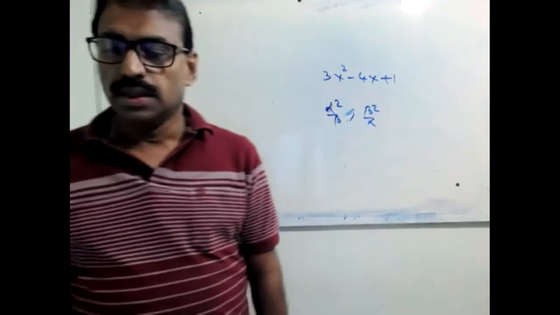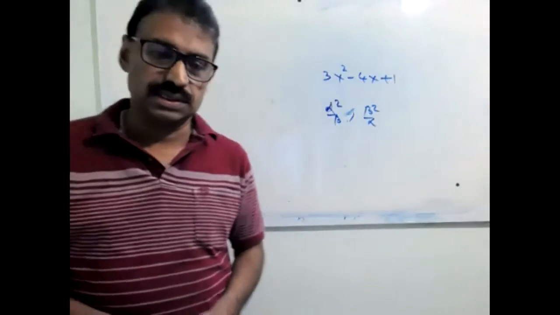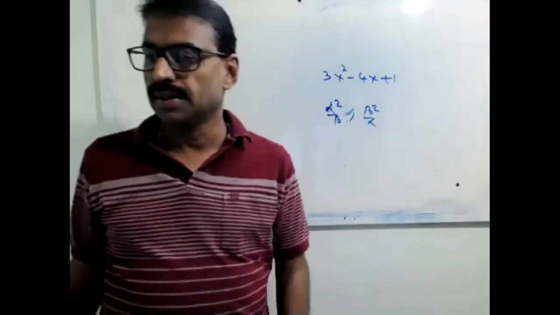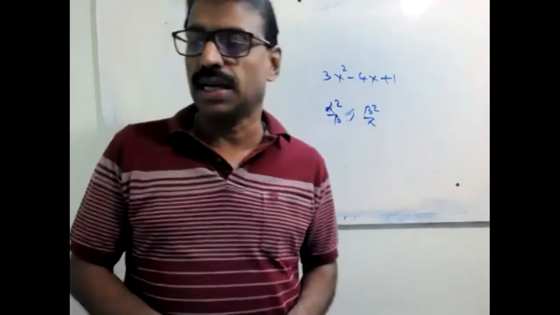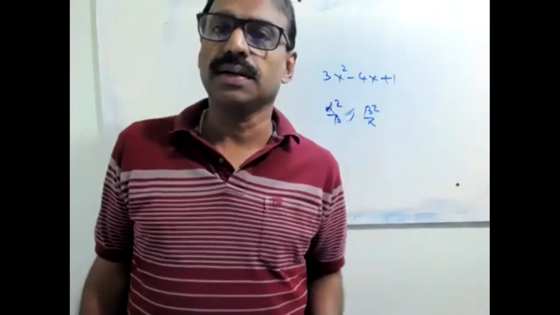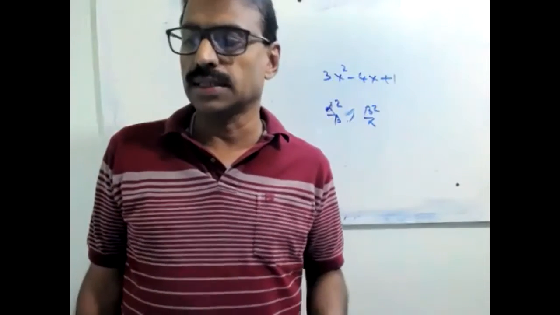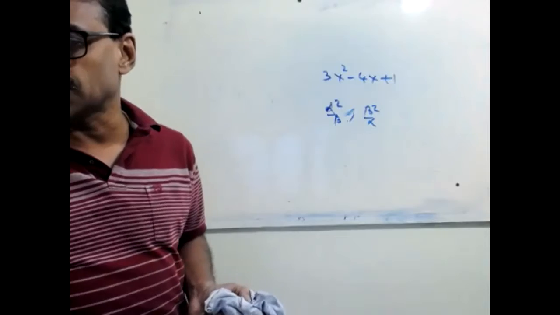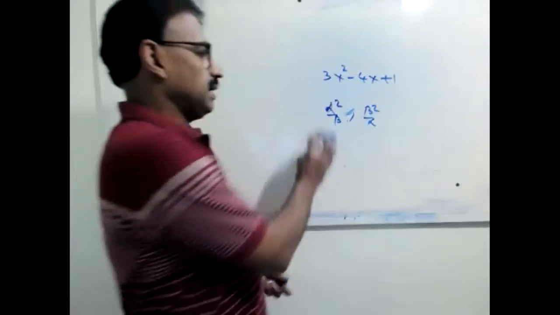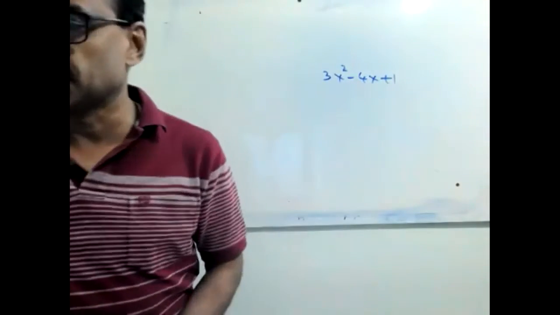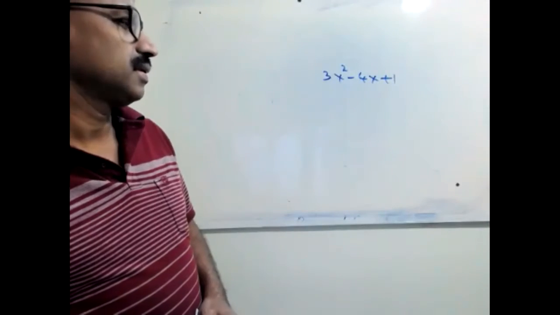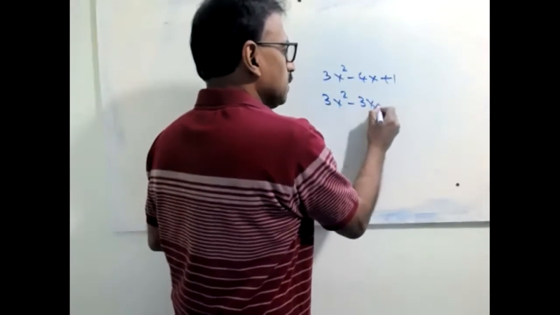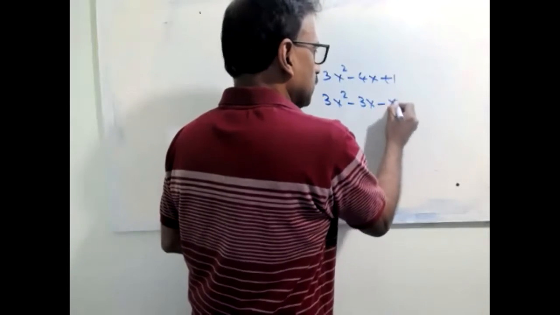Now you remember we did this type of question. First write, alpha, beta are the zeros of the given polynomial. Let's try whether we can find alpha and beta by splitting the middle term. We can split 3x square minus 4x as 3x square minus 3x minus x plus 1.